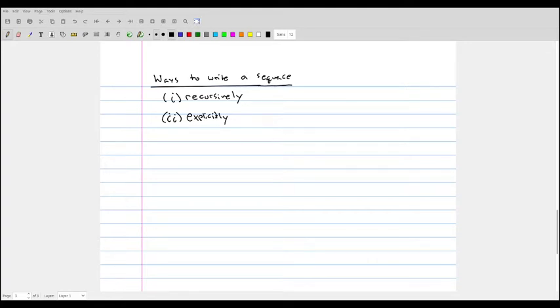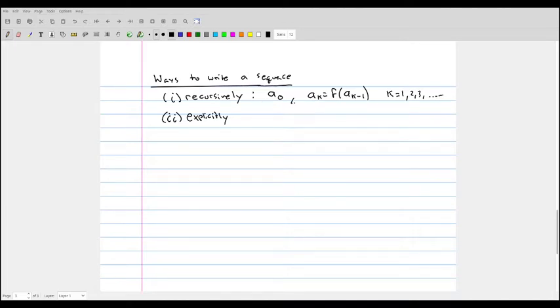Now, for a recursively defined sequence, what that means is that you have, say, an initial value or possibly multiple different initial values in the sequence. So you're given, say, A0, and then you're given following terms in the sequence as a function of previous terms. So you're given, say, that AK is equal to some function of AK minus 1 for every single value of K, for K equals 1, 2, 3, and so on and so forth.